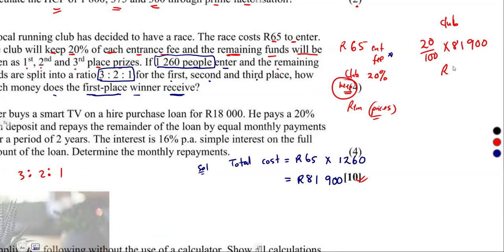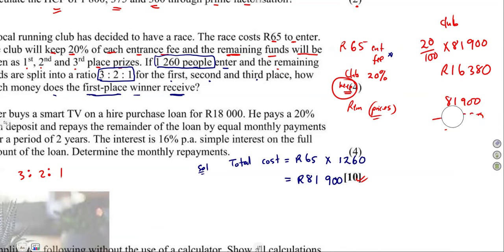It was going to give us something like 16,380. Then you subtract it from this total. So it was going to be 81,900 minus 16,380. Then you obtain something like 65,520. This is the remaining.